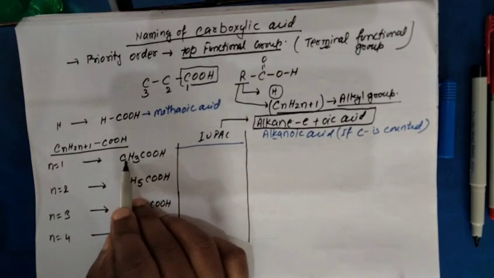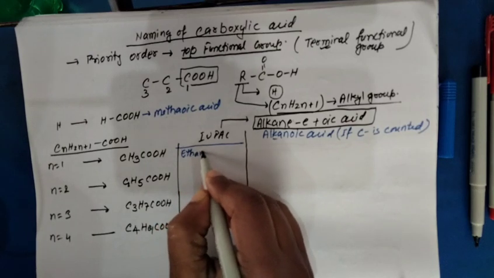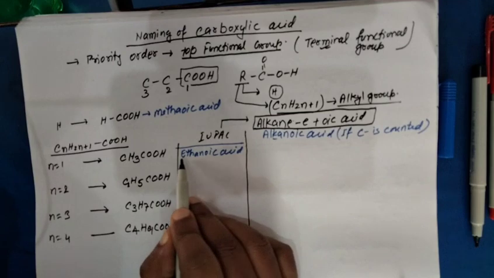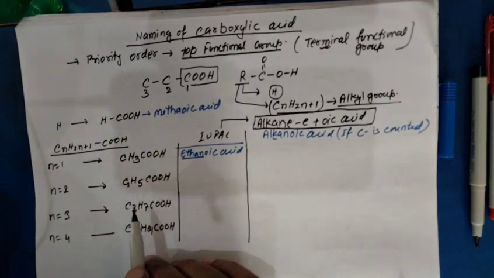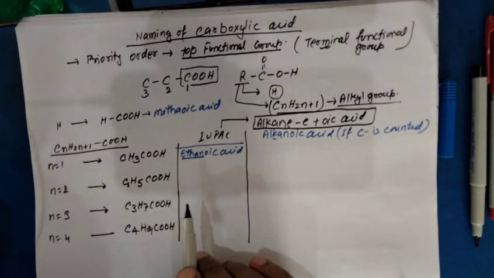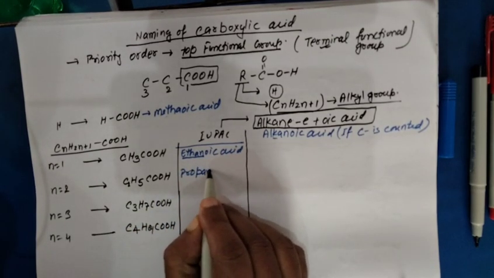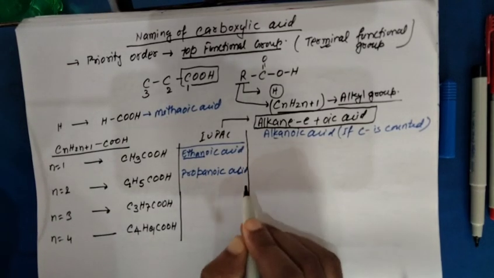If you see here, we have 2 carbons, so we can simply say ethanoic acid. Why ethanoic acid? Ethan for 2 carbons, and oic acid for COOH. This one is propanoic acid.